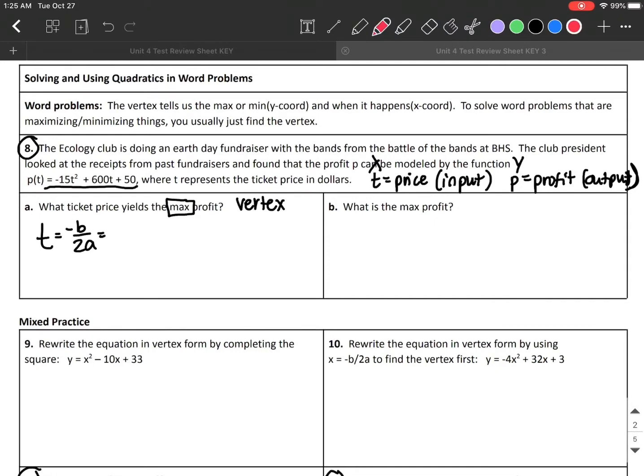In this case, my a is equal to negative 15, and my b is equal to 600. And I'm plugging those values in.